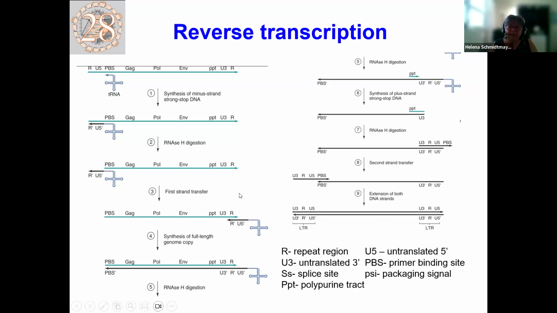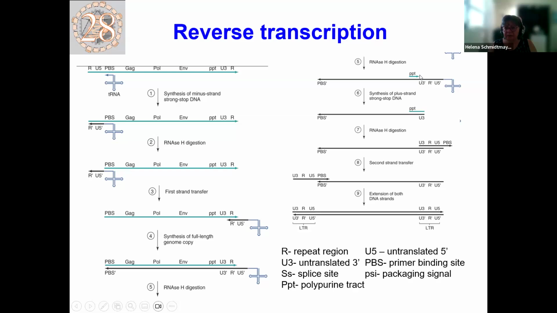Now it can anneal here because there are these repeats which are complementary. And from there, it synthesizes DNA up to the PBS and creates another DNA-RNA hybrid. So the original RNA is degraded except for this short PPT, polypurine tract.